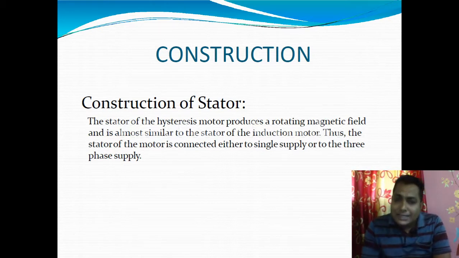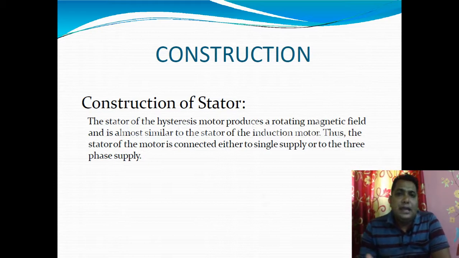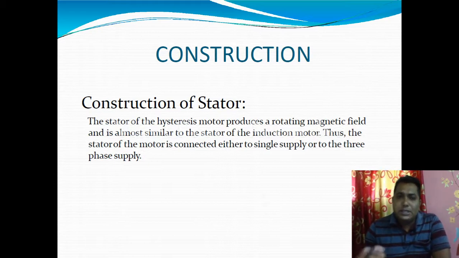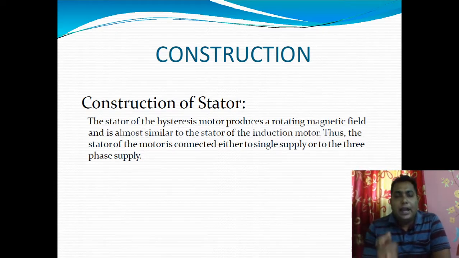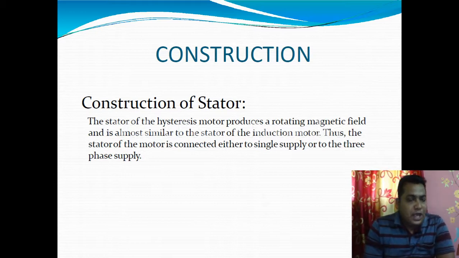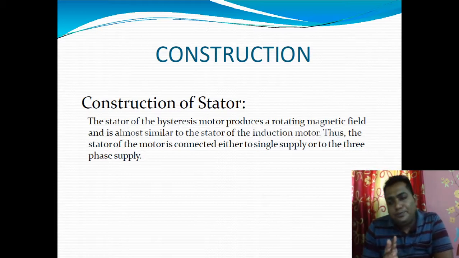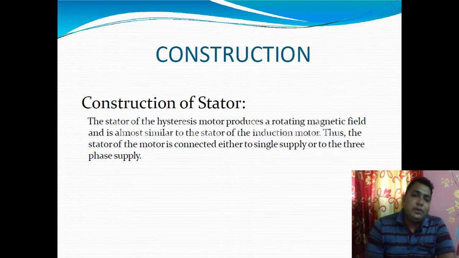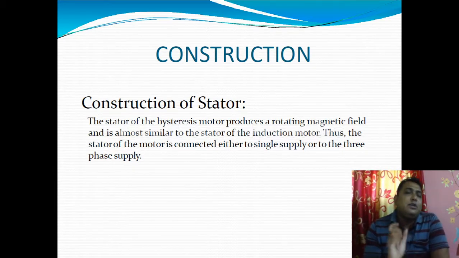Whatever the case, in a shaded pole machine, if we give supply, what will happen? The pole is divided into two sections, one larger section and one small section. Over the small section we have a shaded ring, and due to the presence of that ring two fluxes are generated inside the shaded pole, and due to that a rotating magnetic field is generated, and that's why the rotor starts rotating.